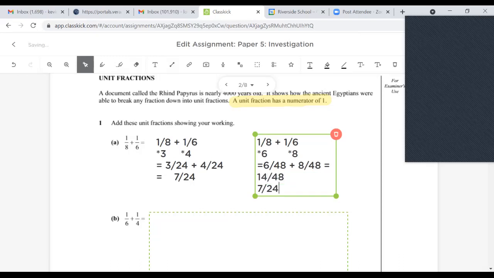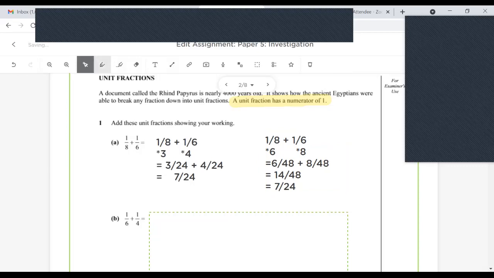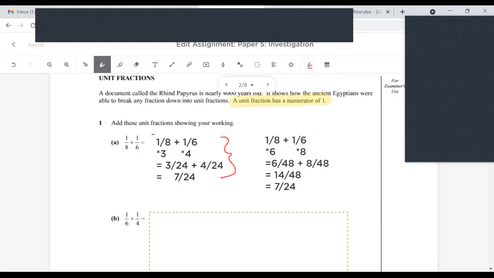So we'll end up with the same answer. And that's the one thing about these kinds of questions. Of course, there is one right answer, but there's no one right way to get to the answer. Two different methods, but with the same final answer.